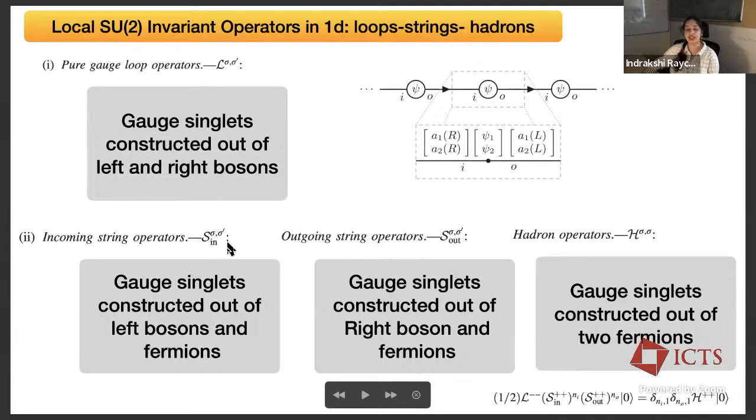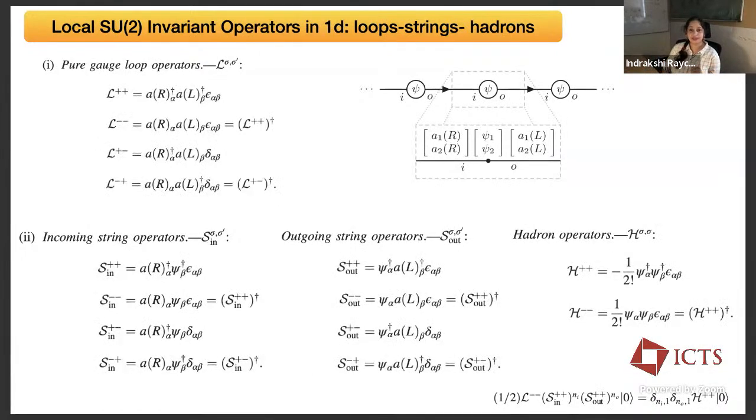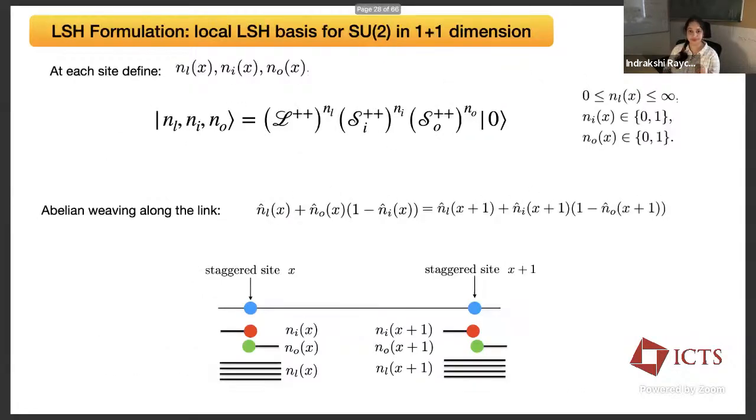Those correspond to some string end operators, and similarly, a boson at this side and a fermion, or a boson at this side and a fermion, can form another set of operators, and of course you can form purely fermionic singlets as well. Explicitly, those operators are written something like that. You don't need to pay attention to the detail, but these are these objects.